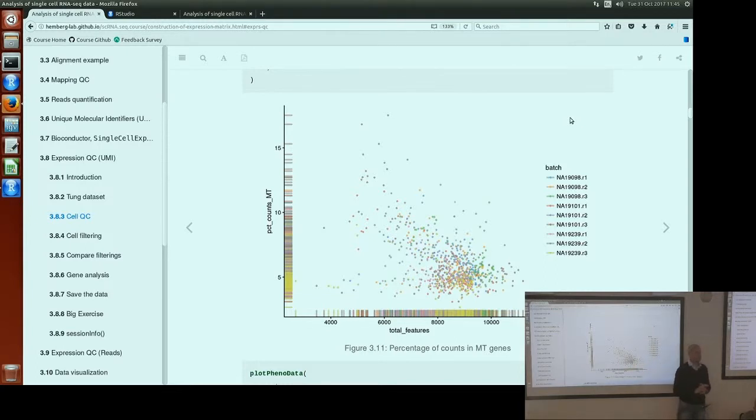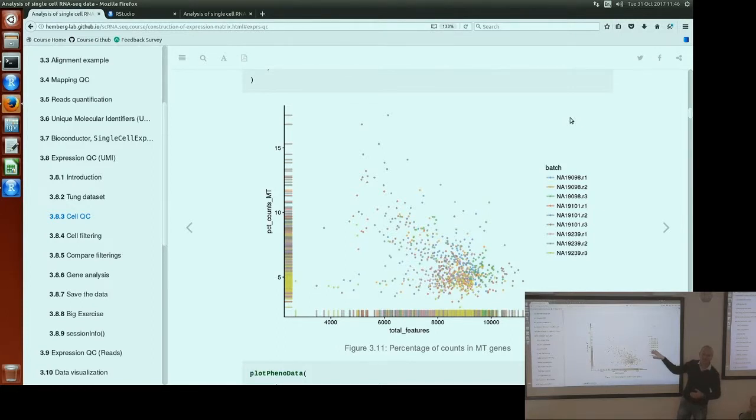But it does seem that there is one batch that has the high mitochondrial counts, right? Which one? If you look at the color, isn't it replicate 3 of 19101? This one? Yes. So it looks like this replicate has a batch effect, which I don't really see on this plot.